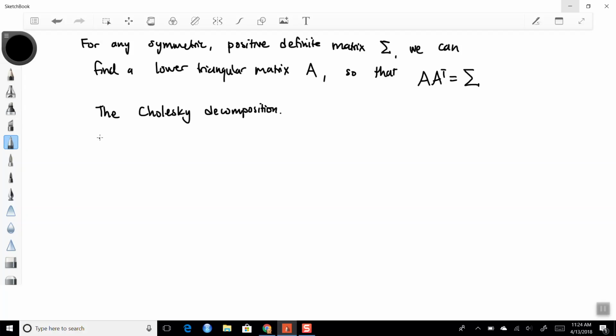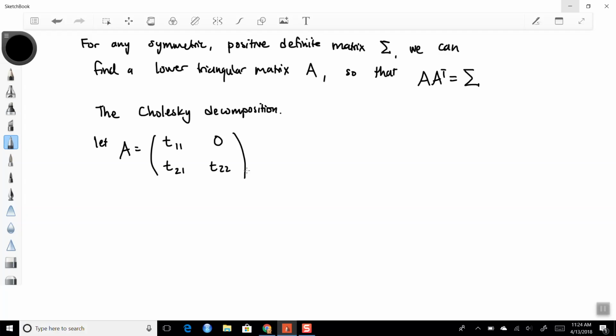Okay, so we will let A equal term 1,1, term 2,1, term 2,2, and it being lower triangular, it will be like this.